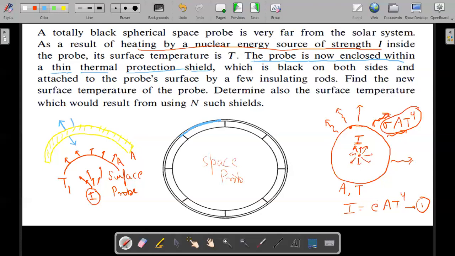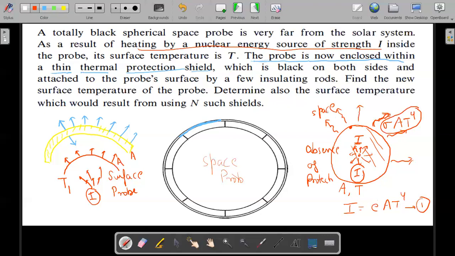The energy which will be radiated in this outer space, just think about this. How much energy is being radiated in this outer space? Earlier, when there was an absence of the protection shield, the energy which was going into the outer space was at a rate capital I, which was the same rate at which energy was being produced inside this probe.